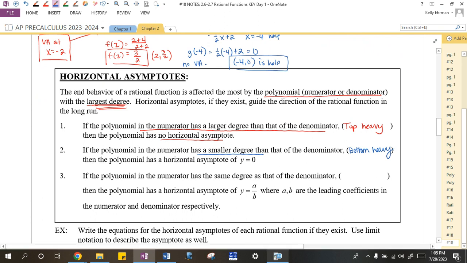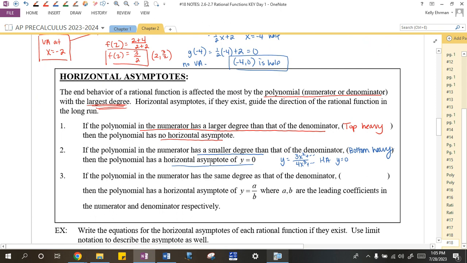So there's a horizontal asymptote of y equals 0. No matter what numbers are in front, if it's y equals 3x squared over 4x to the third, the horizontal asymptote is y equals 0. Plus some other stuff I should have said.